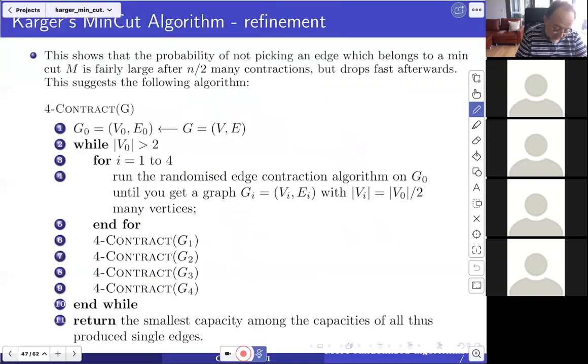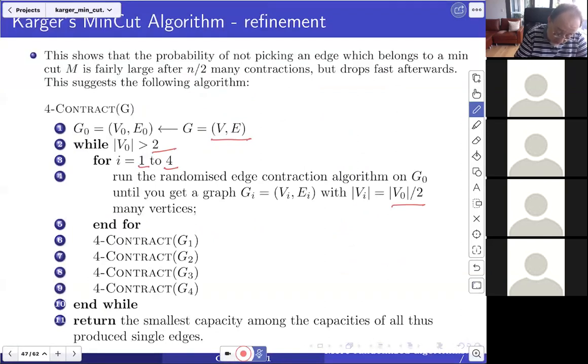So the algorithm is very simple. You start with your graph, okay? Then, while you have more than 2 vertices, you run 4 times the randomized edge contraction algorithm until you get a graph with only half the number of vertices, and you run it 4 times.